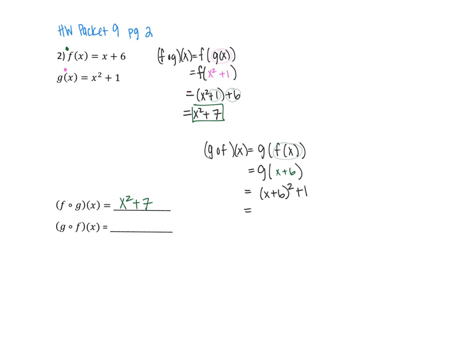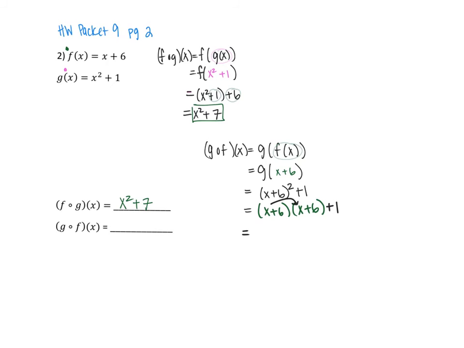Usually when people see this problem, they go ahead and distribute the exponent, but you don't do that. Anytime you have an x squared and you have two terms, you want to write it as two factors. So I'm going to write it as x plus 6, x plus 6. So I want to write it as two factors so that way I can go ahead and distribute and make sure I'm not losing any terms here.